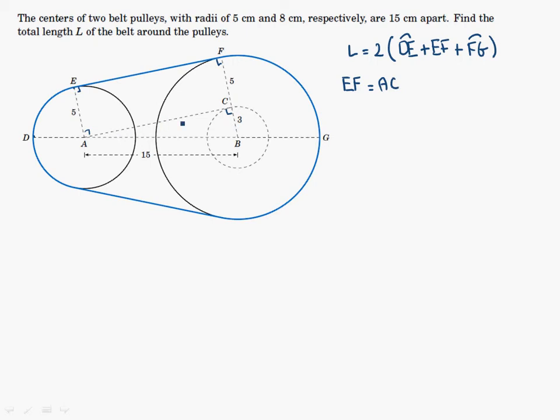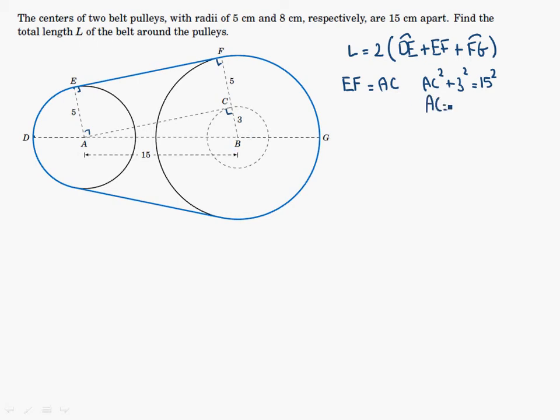So AC is the leg of a triangle, right? And we know that this one is 3, and the distance from here to here is 15, so you can use Pythagorean theorem again, right? AC squared plus 3 squared has to be 15 squared. And it's a little backwards because usually the legs are on the bottom, but because the right angle is here, AB is actually the hypotenuse.